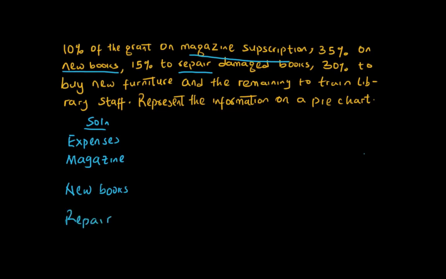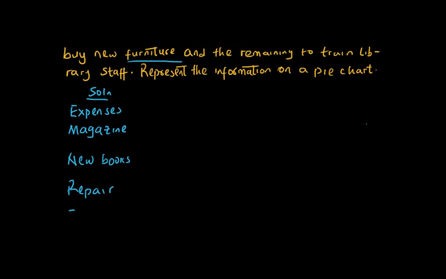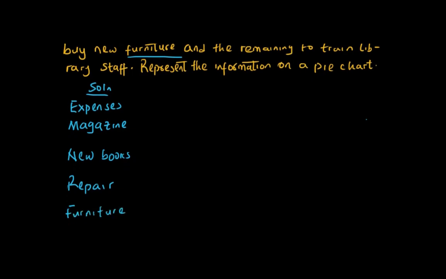Do you understand? Then 30% to buy new furniture, so we can call the next one furniture. So we have the remaining to train library staff. Now we don't have space again, so I can put it by the side here so you can see. We can call this training.